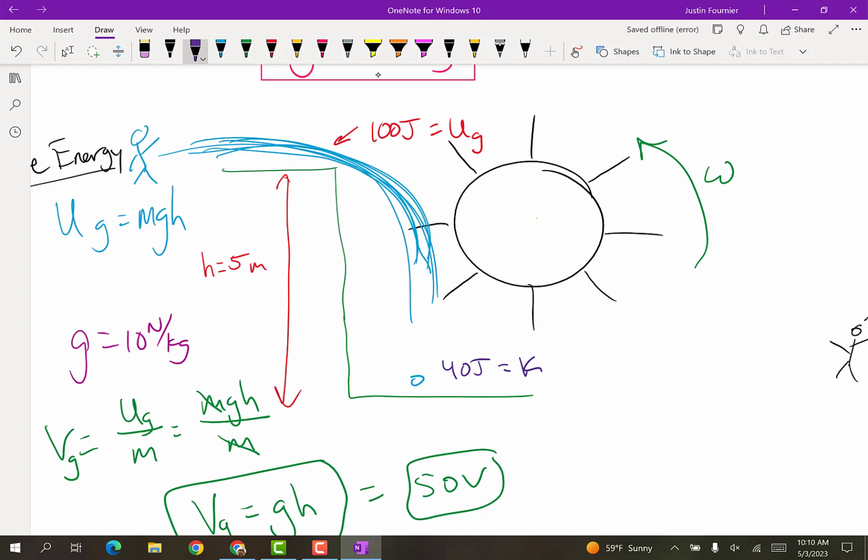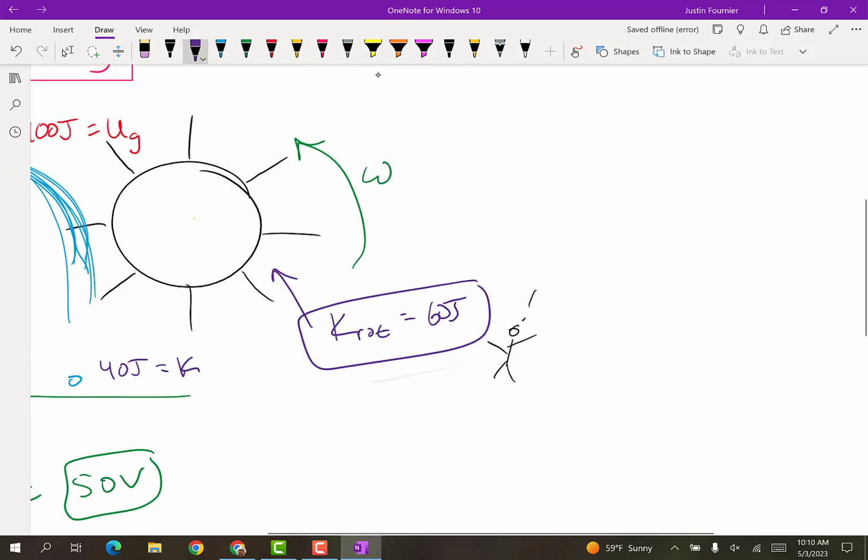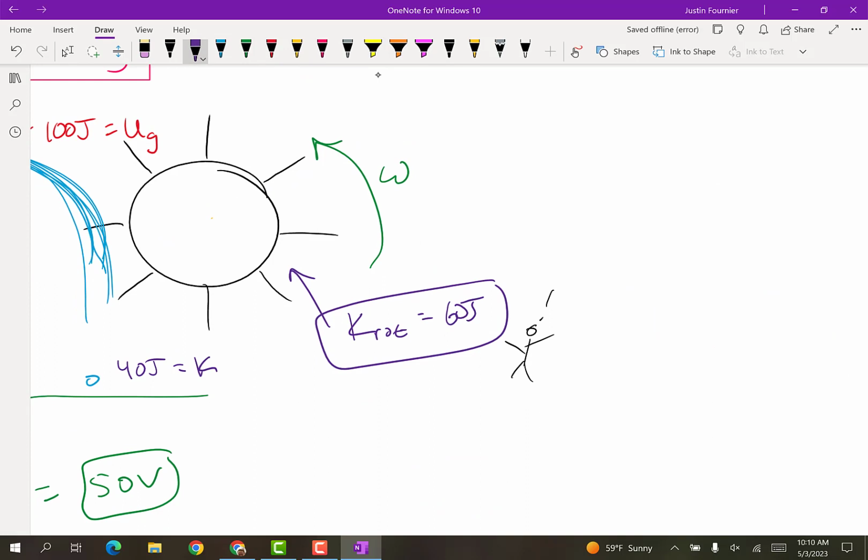Well, if that's true, then energy needs to be conserved. So that means in order to spin this water wheel, this is rotational kinetic energy, and that must have used 60 joules of energy. And then I could use that energy to spin my water wheel, and use that spinning water wheel to, I don't know, move a box back and forth.